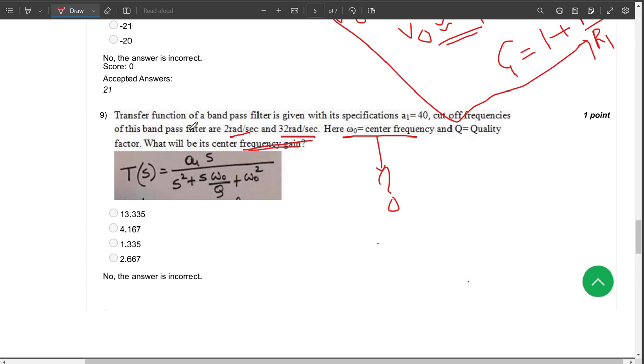You have s as j omega naught into omega naught by q. This j omega naught and the upper s will get cancelled, and you will remain with a1 q by omega naught.